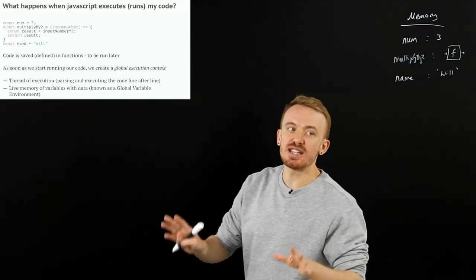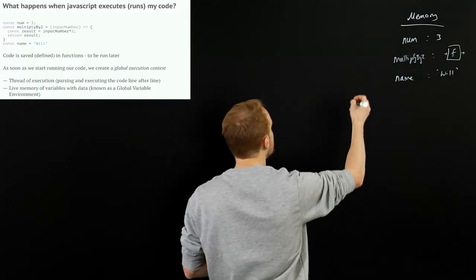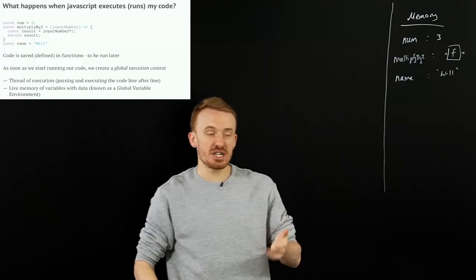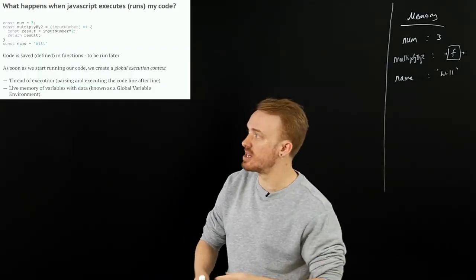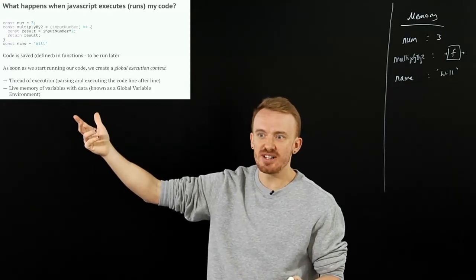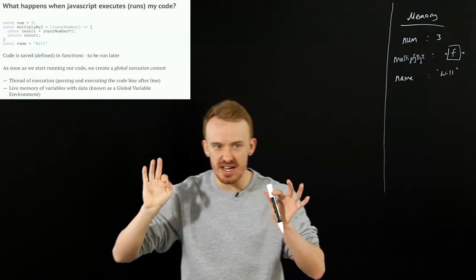People, we've seen already two mega parts of what JavaScript does. One, save stuff to memory. There it is. And the other, which I hinted at earlier, is that we went through the code line by line. Finished on line 1, didn't stop, went to line 2, didn't stop, went to the next line. That's known as the thread of execution.